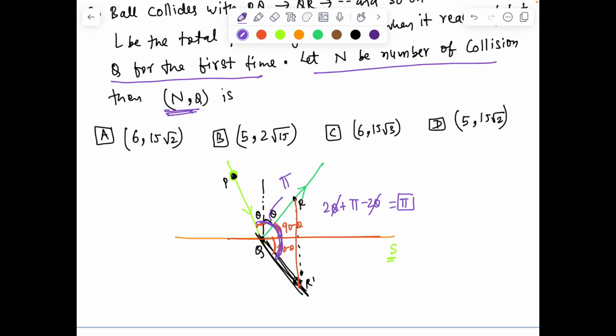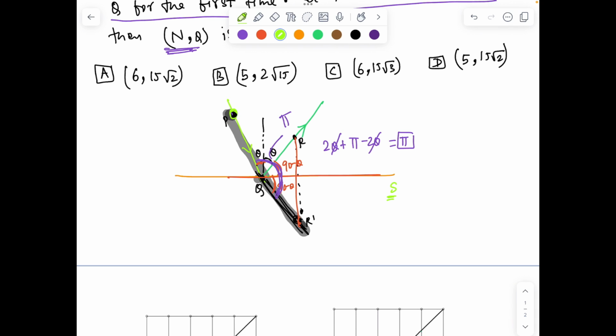Since it's 180 degrees, I can tell points P, Q and R dash will be collinear. I'm going to use this repeatedly in this problem. Or vice versa, if I reflect point P to get P dash, then P dash, Q and R will also be collinear with the same result.